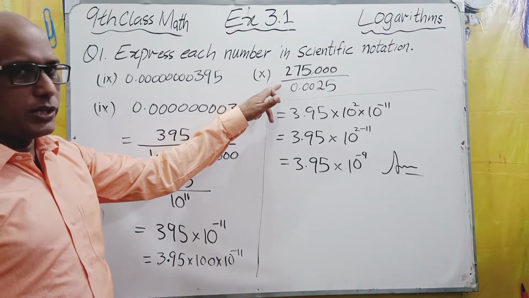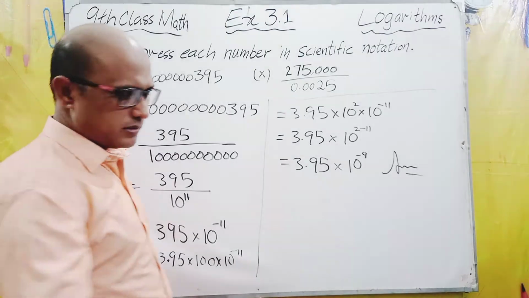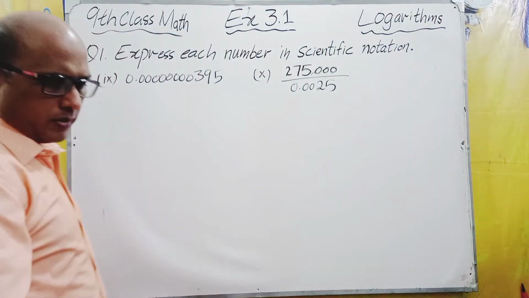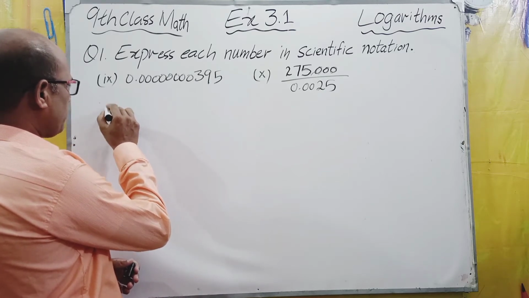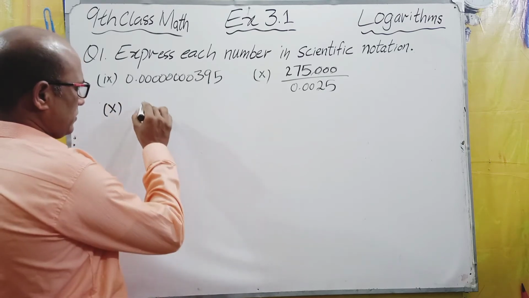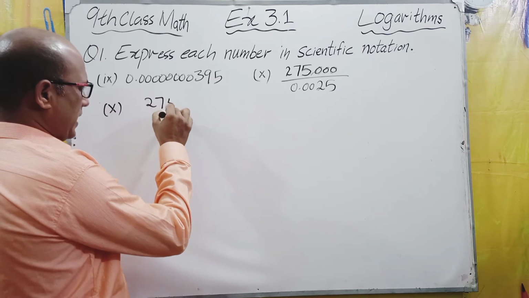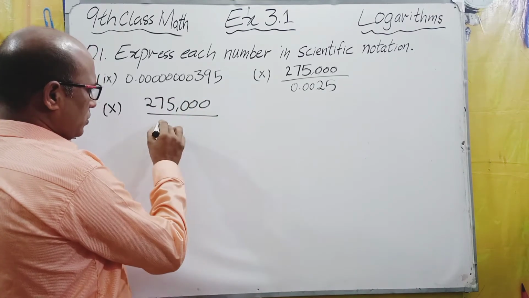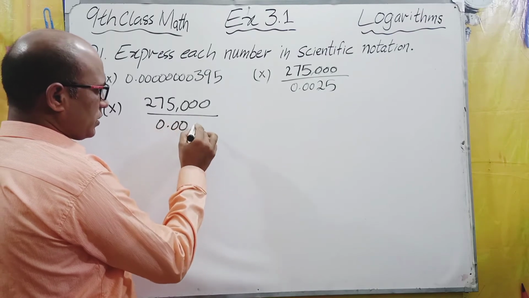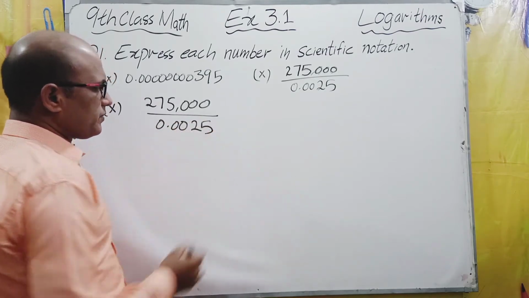Now we'll do part number 10. Students, the next part is part 10. It is 275 followed by 3 zeros, over 0.0025.